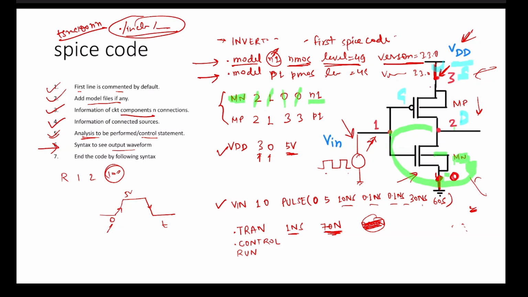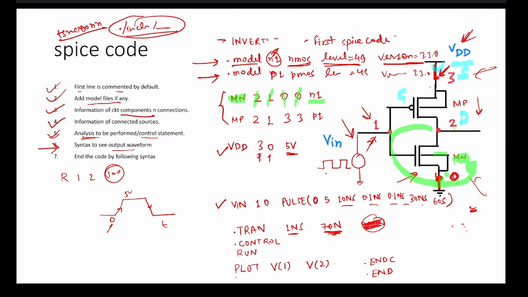Okay, so next is to plot. I'll write plot. I want to plot the potential at 1, V1, and then the potential at 2, V2. And then I will end it with dot end. So this is the complete program.